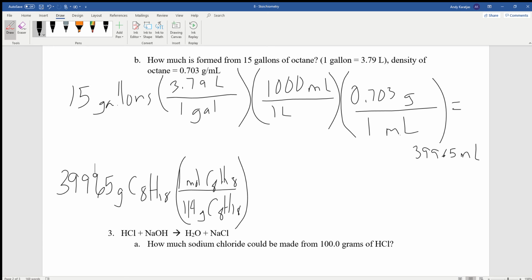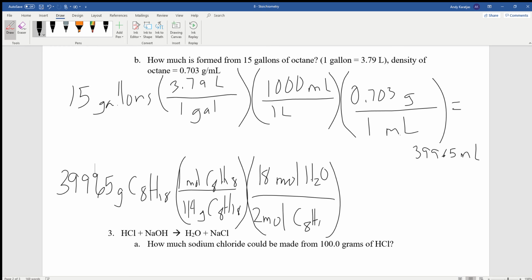Now we need our moles to moles conversion. 18 moles of water over 2 moles of octane. And finally, 18 grams of water over 1 mole of water.